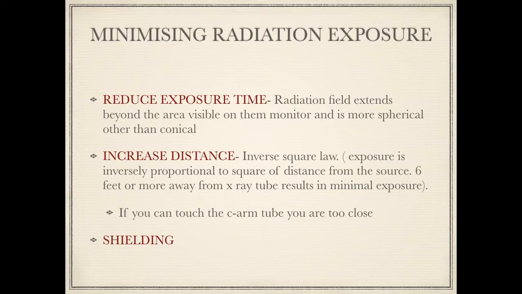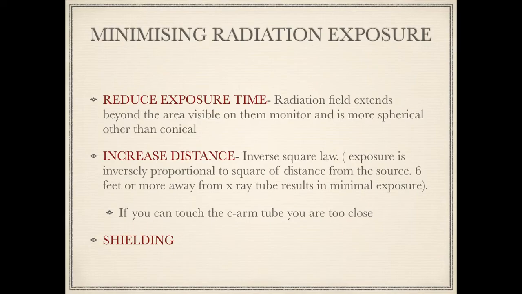It is not conical, it's in fact spherical. So it spreads much beyond the area which you can see on the X-ray image. Then the other thing we can do is increase the distance. The further away we are, the lesser the exposure, and this is inversely proportional.